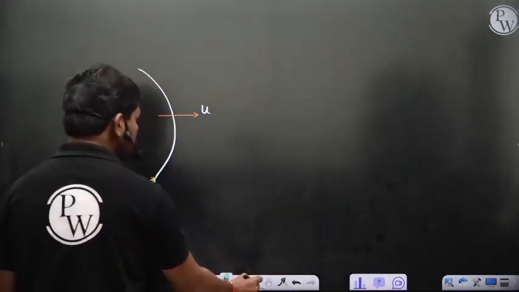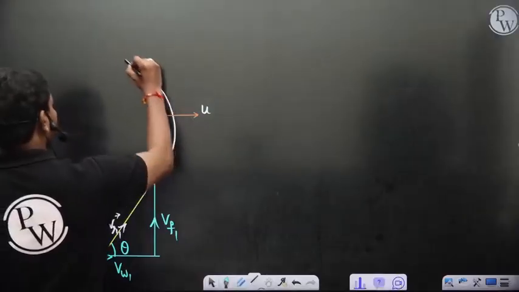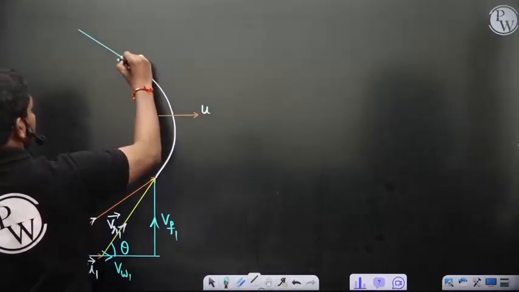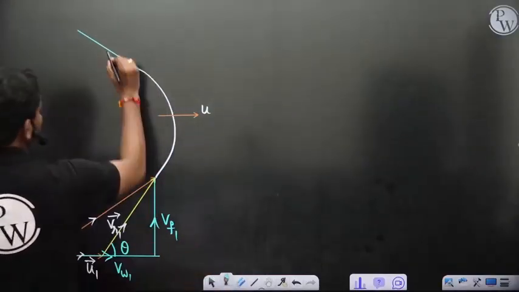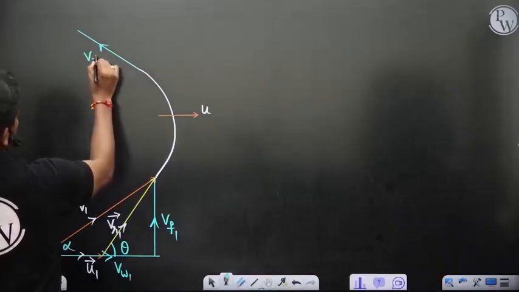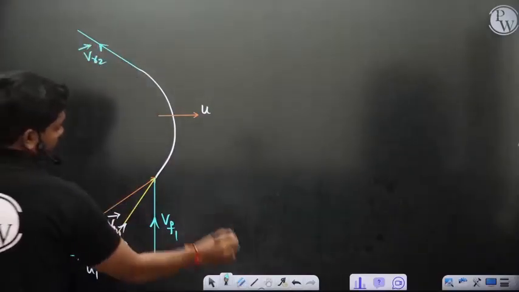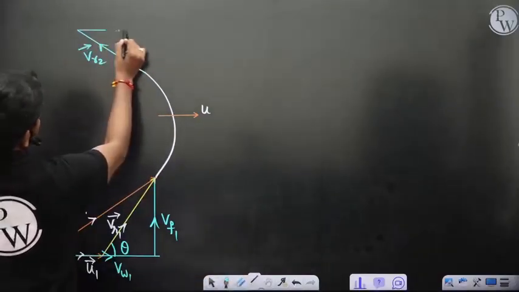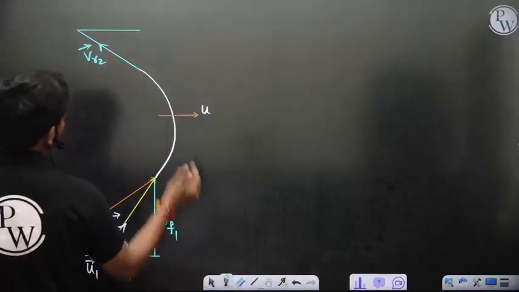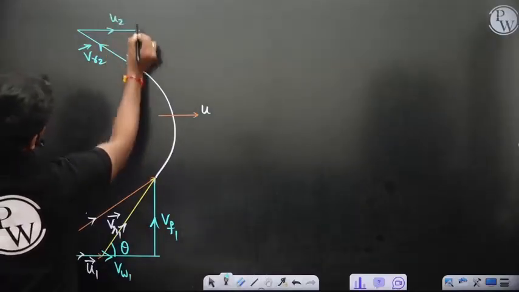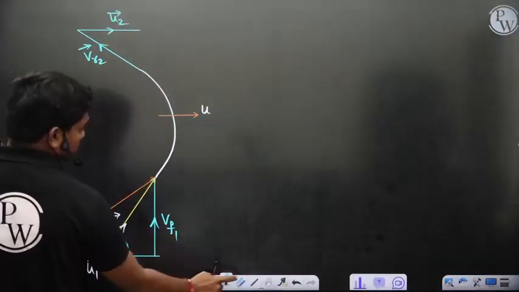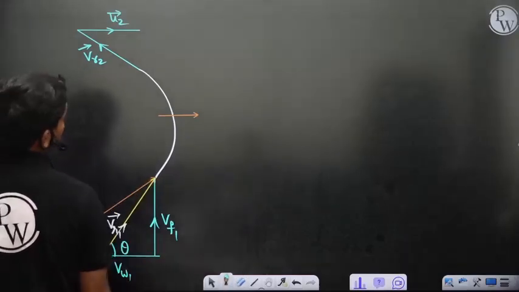Then at the exit, what happens? So this is VR2, and the velocity of the blade is something like this, so this is U2, and the blade moves in this direction.